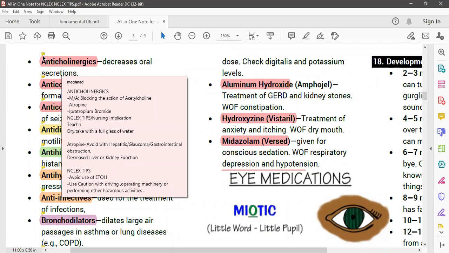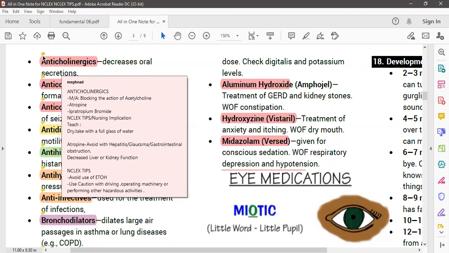The most common anticholinergics we use are atropine and ipratropium bromide. Atropine, an anticholinergic, can block the action of acetylcholine. The NCLEX board asks a question about atropine or ipratropium bromide. Let me explain.